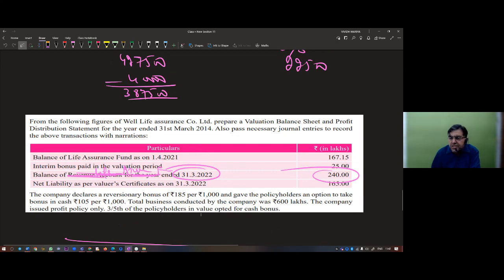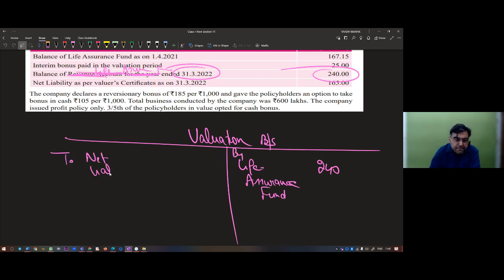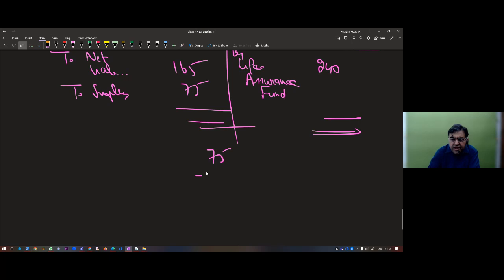The net liability as per actuary is, this is called valuation balance sheet. The surplus is this much. Interim bonus paid already, otherwise surplus would have been higher, 75 plus 25. Otherwise surplus would have been 100.